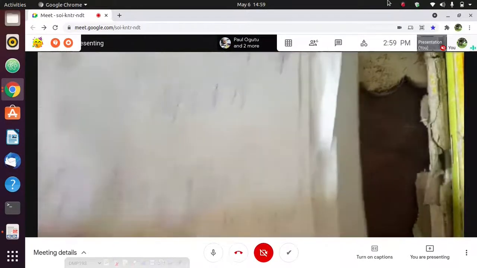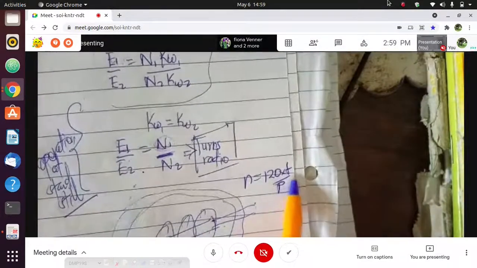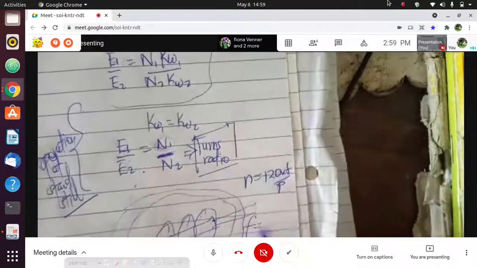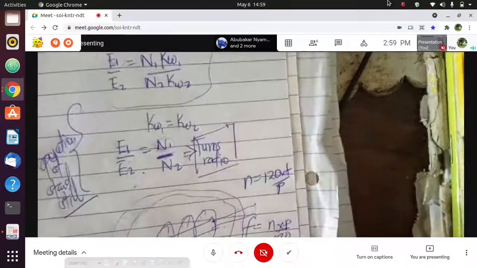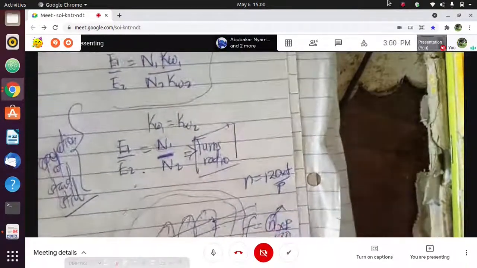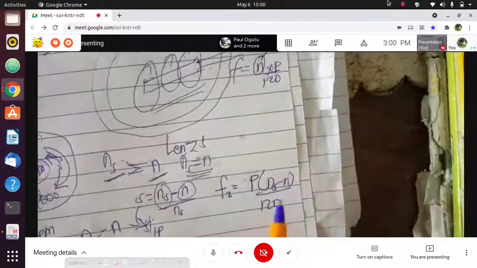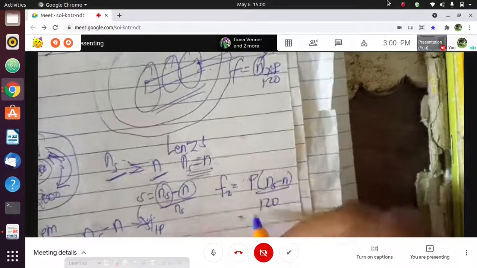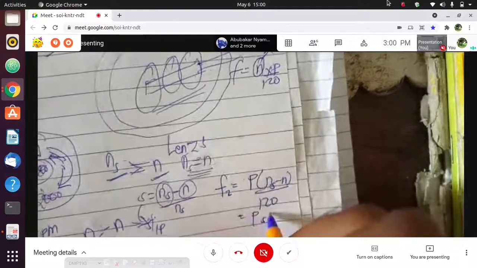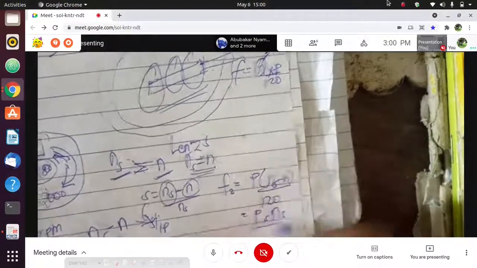By using this formula and making F the subject, we get that F is given by N times the poles divided by 120. But in this case, our speed is not synchronous speed. It is the slip speed, which is NS minus N, to give us the frequency of the rotor circuit. And this is equal to P times the slip times NS over 120.